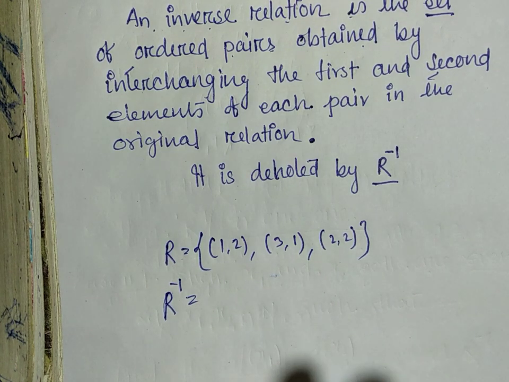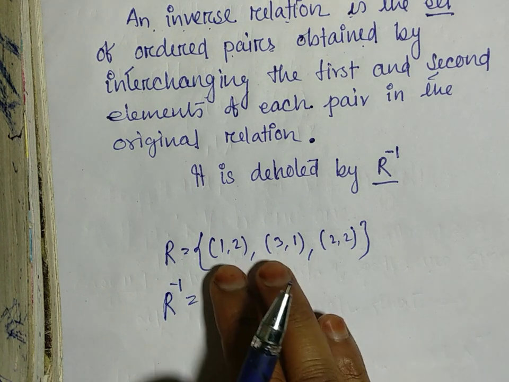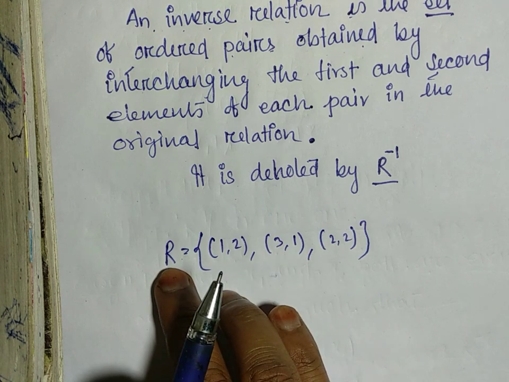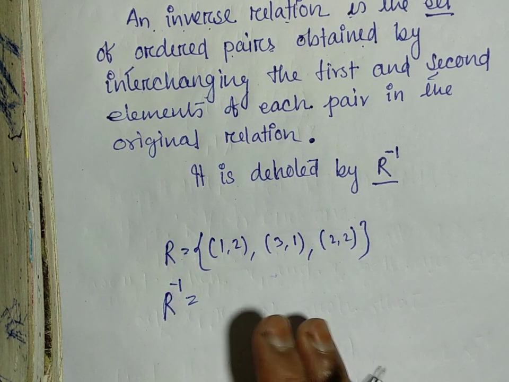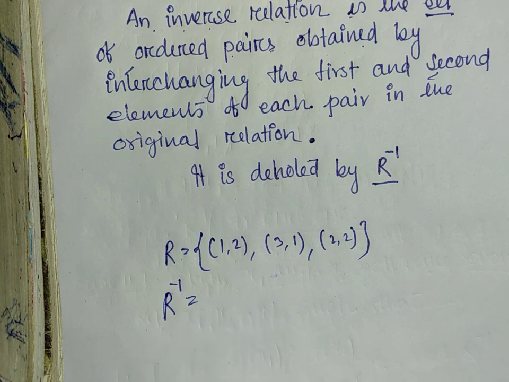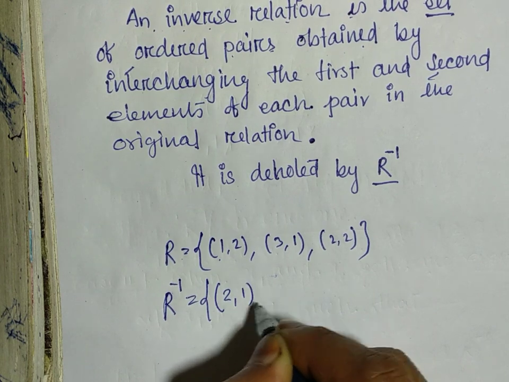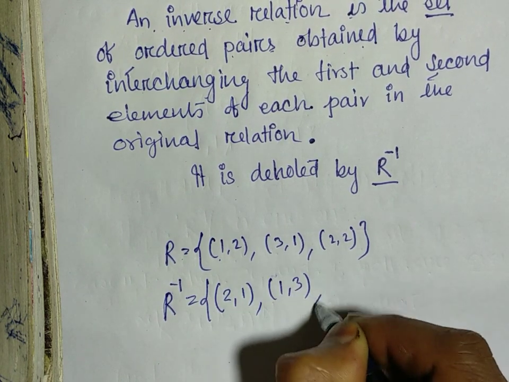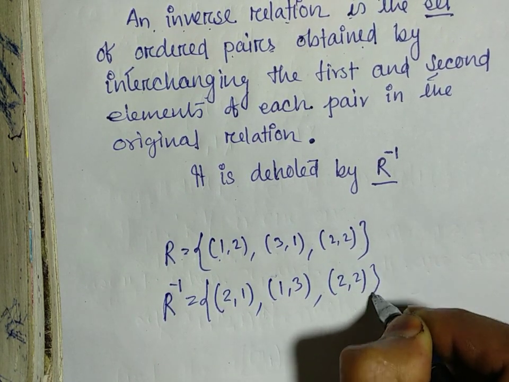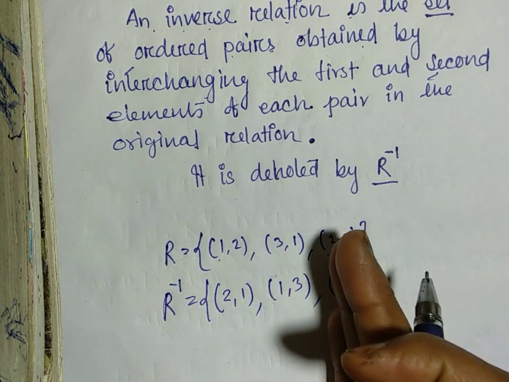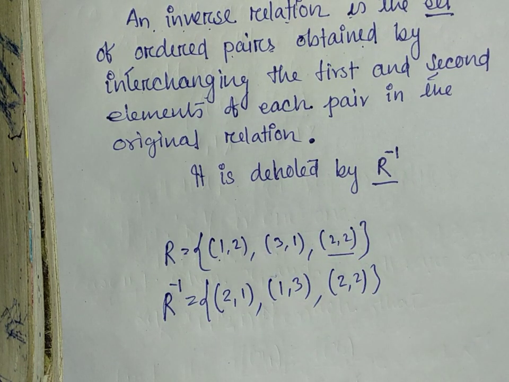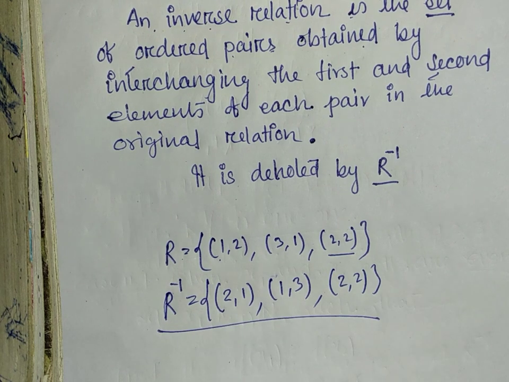We will write the given ordered pairs of R in such a way that the positions of the first and second components are interchanged. (1, 2) will convert to (2, 1), (3, 1) becomes (1, 3), and (2, 2) will remain the same. And this is R inverse.